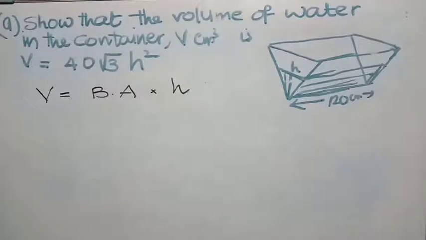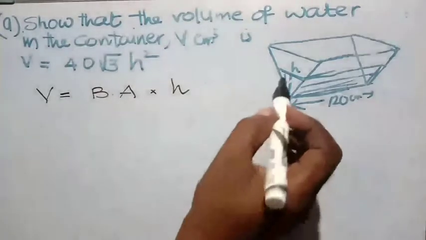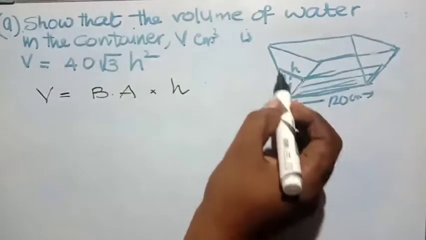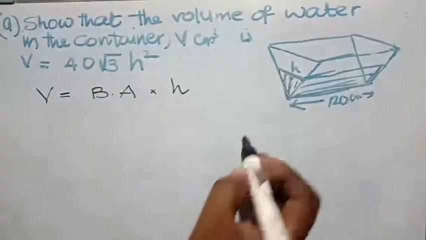So here we have to use the formula for volume of prism as base area into height. So let's take the base of this triangular prism. We don't want the base of the triangular prism, we want the base of the water shape, this one. So let's take that shape.